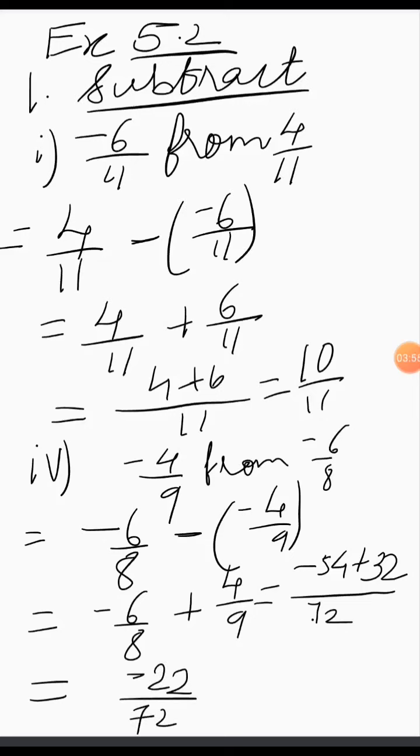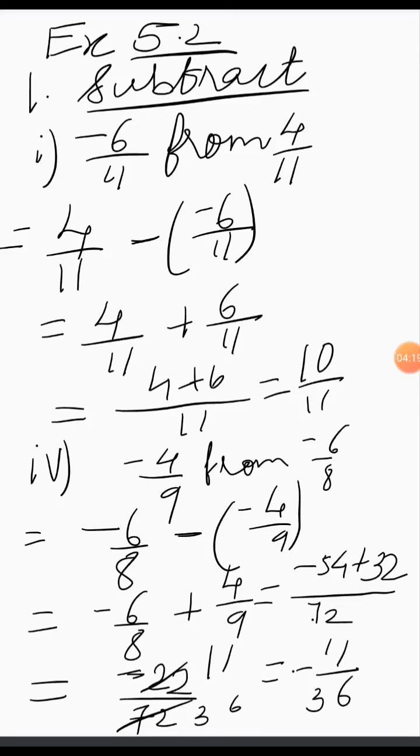Now this you can reduce to the standard form. Both are divisible by what? 2. Divided by 2 you will get here 11 and here 36. So your answer is minus 11 by 36. Children, in this way you can simplify all the sums. Now let's move to the second question.